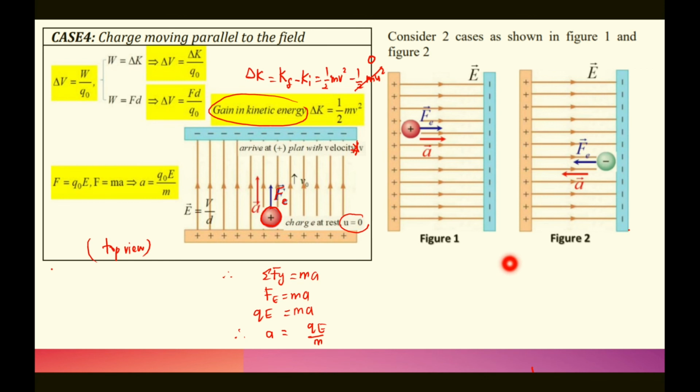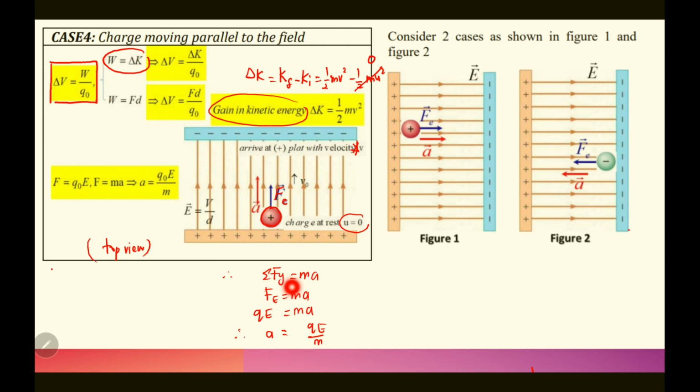Okay, for this case, we can also calculate the potential difference, where potential difference equals ΔV, equal to W over Q naught. Then you can relate that W is the work done when we have the change in the kinetic energy, so W also equals ΔK.